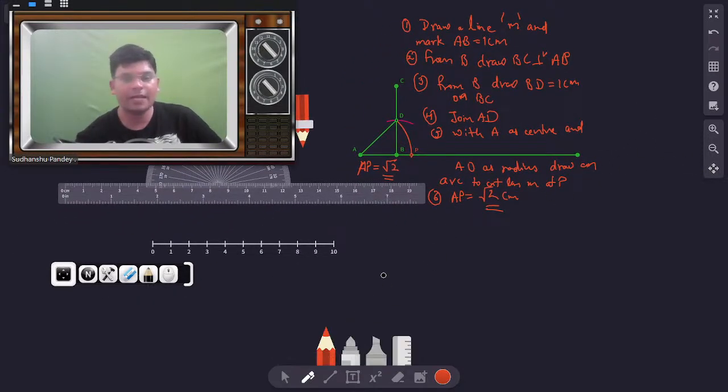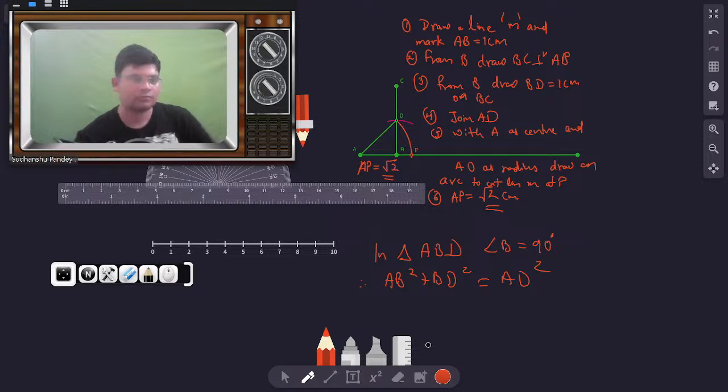So I can write in triangle ABD, angle B is equal to 90 degree. We have done it. So that means AB square plus BD square is equal to AD square. Understood?